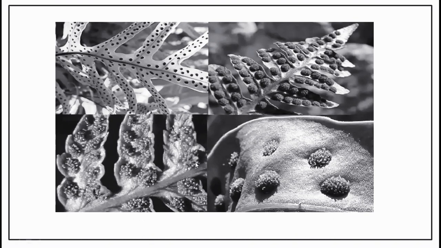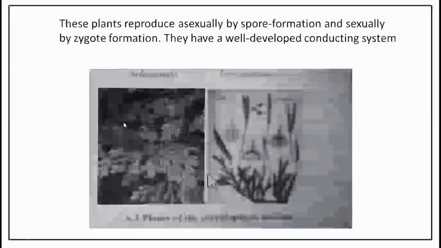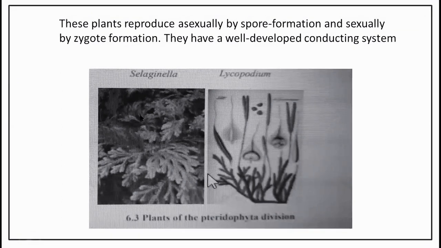Here the spore formation is asexual reproduction, and some plants show sexual reproduction.